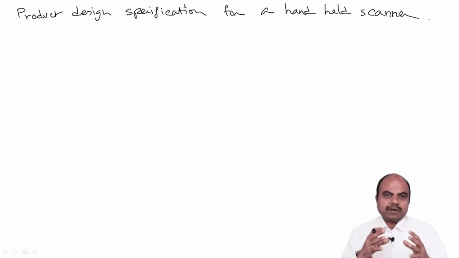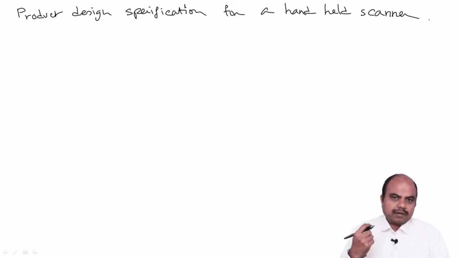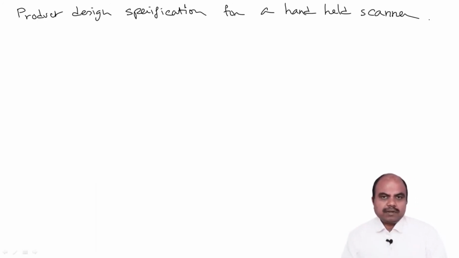So there will be a small product or a larger product, and then the scanner will be taken around the product, and this product will be scanned, and after scanning, the data of this product will be fetched in a computer. It could be a point cloud or it could be a surface, and then from there we can make the CAD model and modify it.